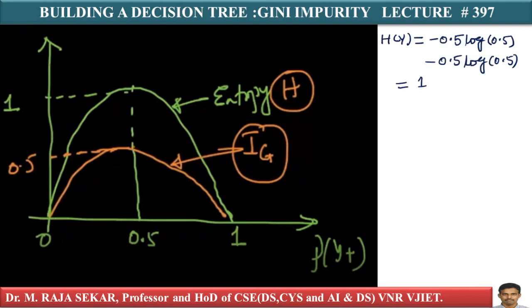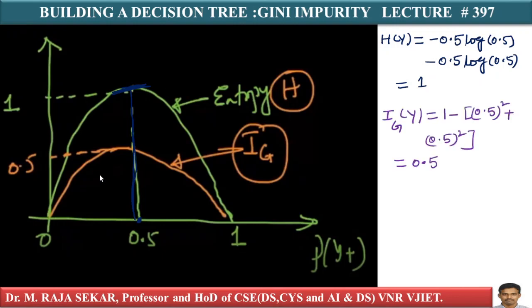H of y equals entropy of y, with 0.5 log of 0.5 minus 0.5 log of 0.5. What is your entropy value here? Your entropy value is 1. When will it be 1? If p of y plus is 0.5. What about Gini impurity?